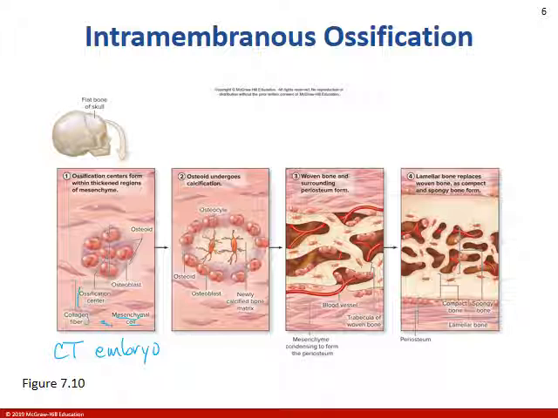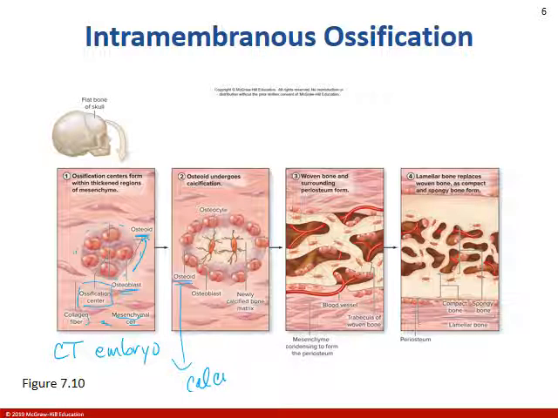Here we have an ossification center. So we see that some osteoblasts are gathering in the center of this mesenchymal tissue. Remember, osteoblasts had to be created from osteoprogenitor cells or osteogenic cells. And we know that osteoblasts start secreting osteoid, and then eventually the osteoid becomes hardened or crystallized, right?